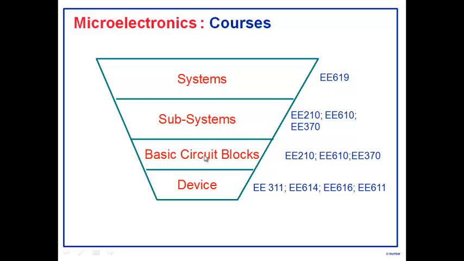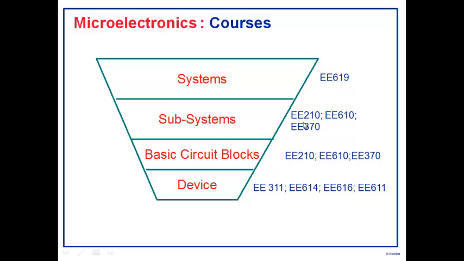Okay, so that covers the basic blocks here. At the subsystem level, these courses that I've listed here also cover things at the subsystem level. EE210, as I said, will look at op-amps towards the end of the course. EE610 does a more detailed analysis of op-amps and other blocks.